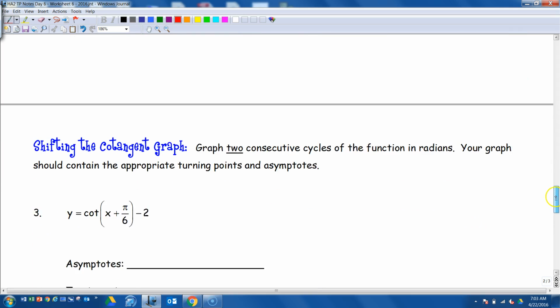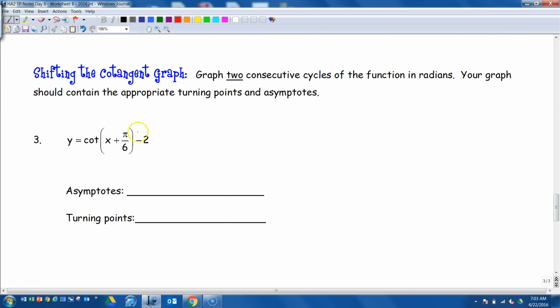So let's do this again, just like we did before. First, figure out the shifts, down 2, which just affects where you put the turning points. And then this means pi over 6 to the left. So we're going to subtract. So this time, the asymptotes are what the zeros were before. So it's 0, and then we're going to move it pi over 6, pi minus pi over 6, and 2 pi minus pi over 6.